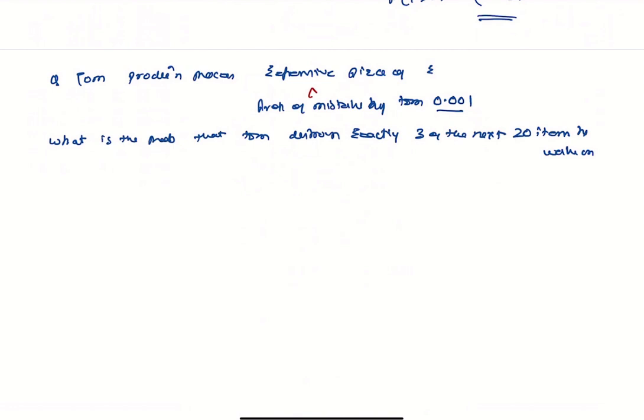Here we have a fixed number of trials, right? 20. So the trials are fixed at 20, and we are counting the number of successes, which we can say is Tom destroying a piece equal to 3 times, and we have the probability of destroying an individual piece.